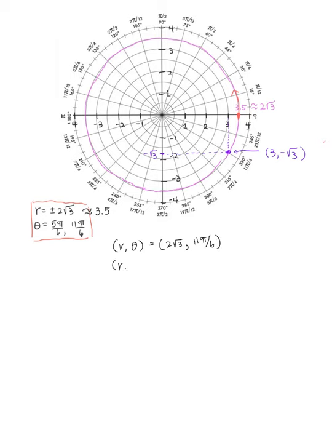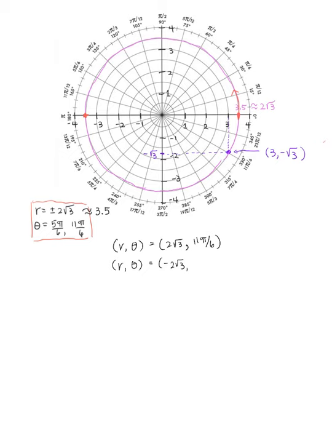Now, when I start from negative 2 square root of 3, which is right here, I don't know if you can see that, again we're going to have to move counterclockwise because we're given the positive angle.